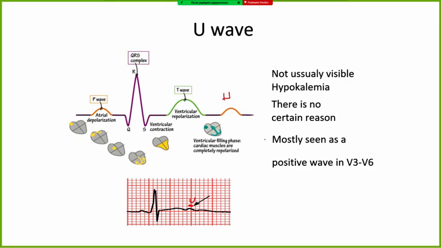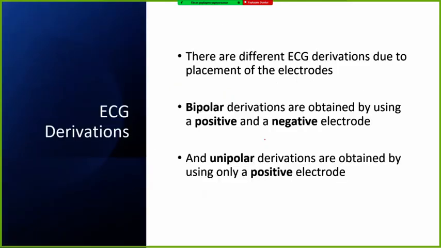Even though there is no certain reason, the commonly accepted hypothesis is that the U wave reflects the delayed repolarization of the cardiac muscle. So what are those ECG derivations D1, D2, D3 or AVR, AVL or V1 through V6?